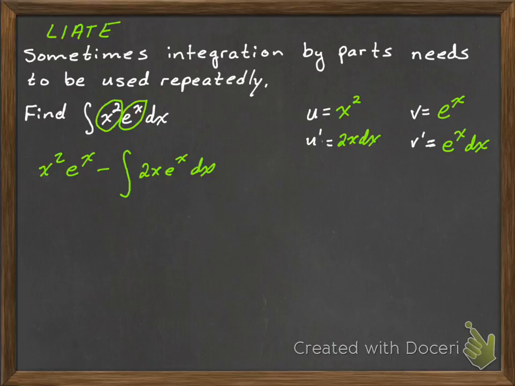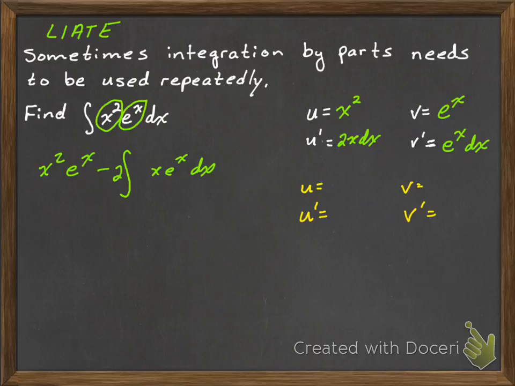And the 2, I can bring that out in front of our integral, which gives us this right here. All right, so if you'll notice, we have another situation here where it is going to require doing integration by parts again.